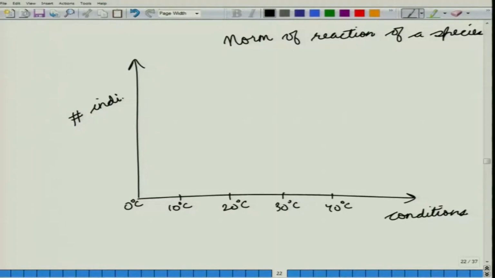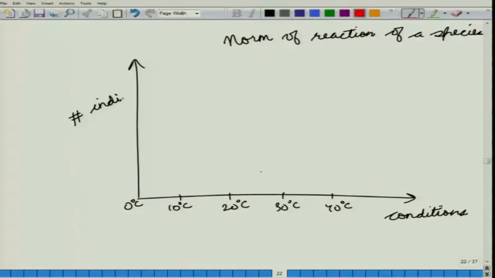Now, for any organism, the most preferred temperature would be fixed. So, for instance, in our case we are most comfortable when our temperature is say around 25 degrees. But if you put somebody into a place that has a temperature of say minus 20 degrees, he would not be comfortable, he would require lots of energy, he would require lots of woolen clothes.